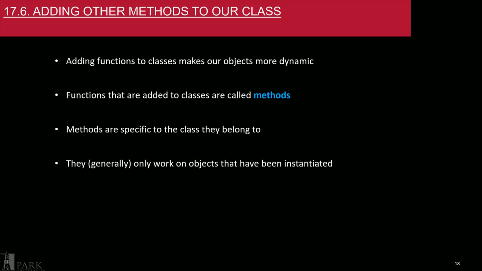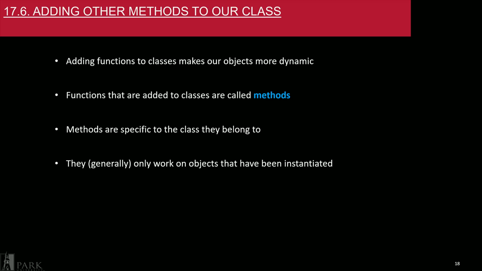As a general rule, they only work on the objects that have been instantiated. Now, there's a special class of methods called static methods that we're not going to get into, but you'll get into it in your Java class. For now, we're going to assume that the methods that we create only work with the objects that have been instantiated.